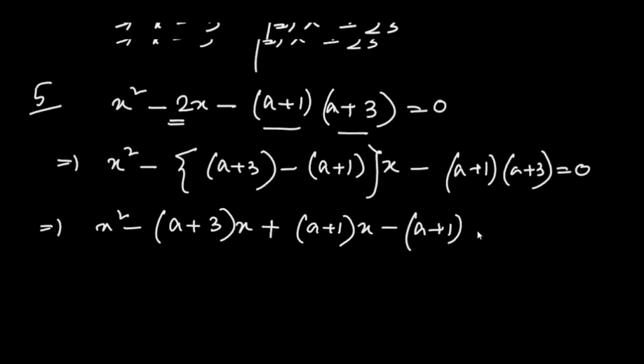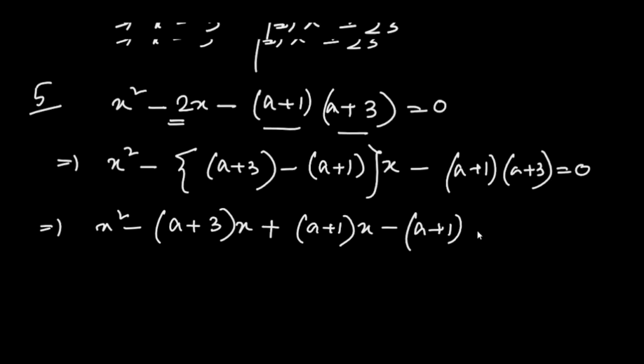From the first two terms, if I take x common, it will become x(x − (a + 3)). From the next two terms, if I take (a + 1) common, it will become (a + 1)(x − (a + 3)) = 0. So from here we can write (x + (a + 1))(x − (a + 3)) = 0.